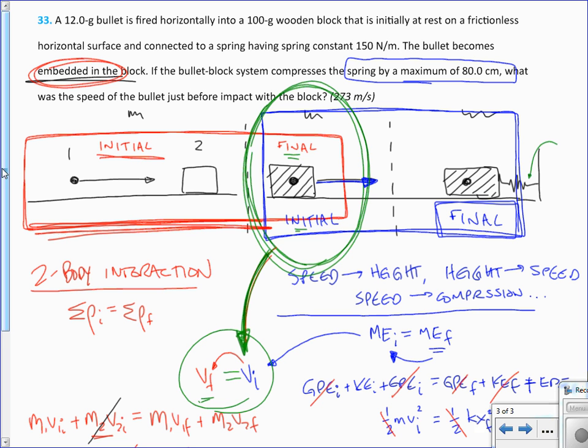Okay? If we had one, we talked about one like this, the ballistic pendulum one, right? Where, let's take this one. Bullet moving this way, pendulum like that.